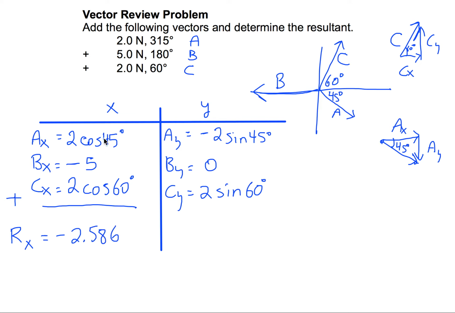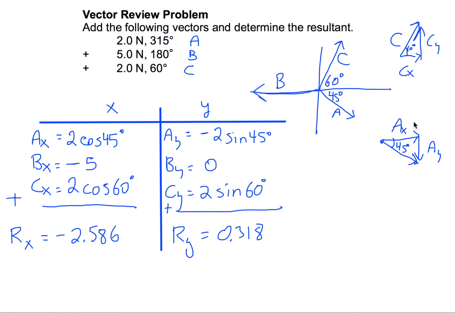And I never round until the final answer, so here I have to round because I'm writing this down on the screen. But I always use my previous answers to avoid any rounding errors. I add all the y components, and that gives me the y component of the resultant vector, which gave me 0.318.